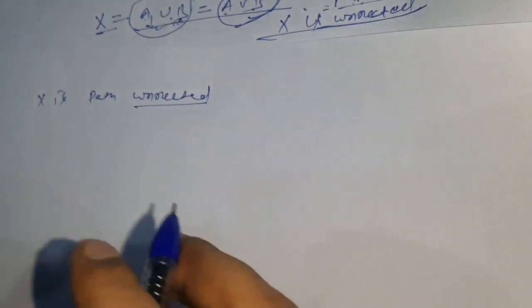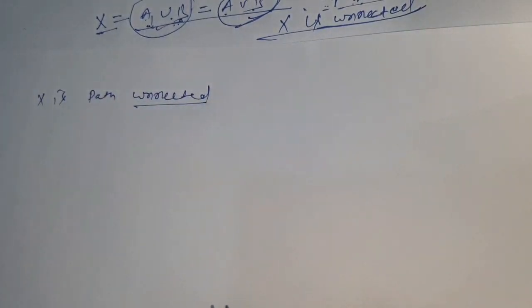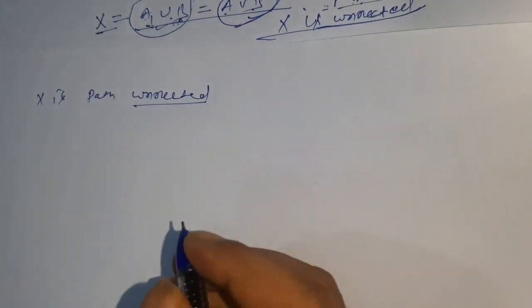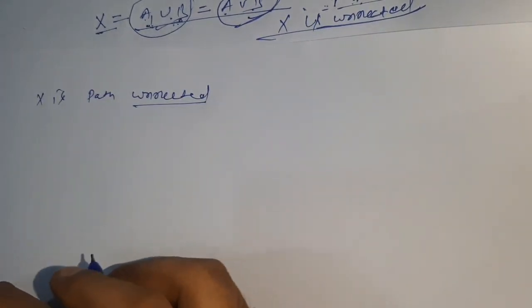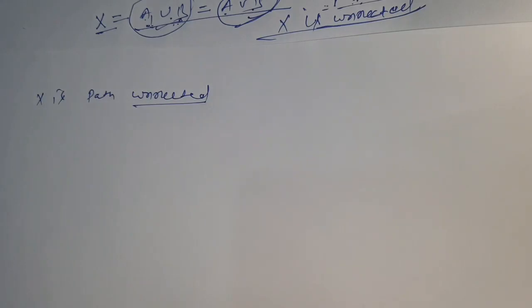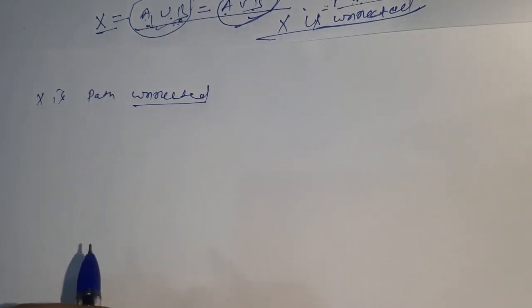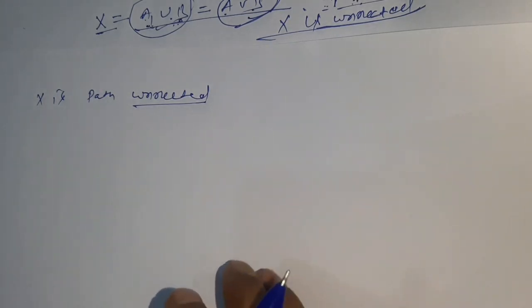If you see Munkres' book, this example, the topologist's sine curve, is given, but there is a very complicated proof which is very difficult to understand. In Kumar Sen's book, you can see a simple proof given.